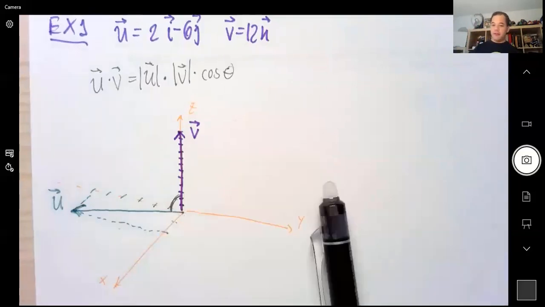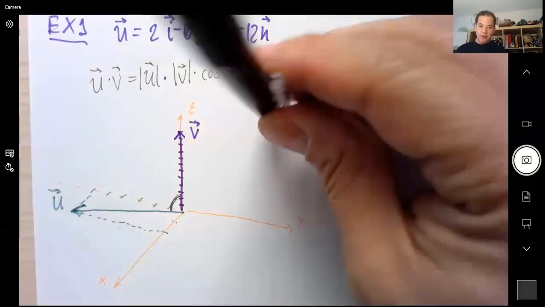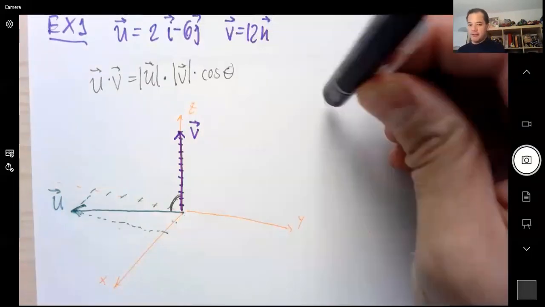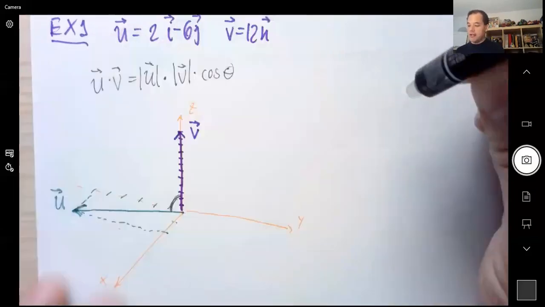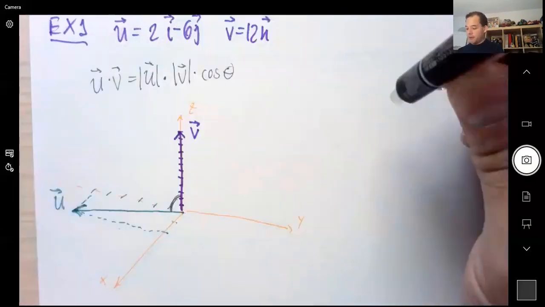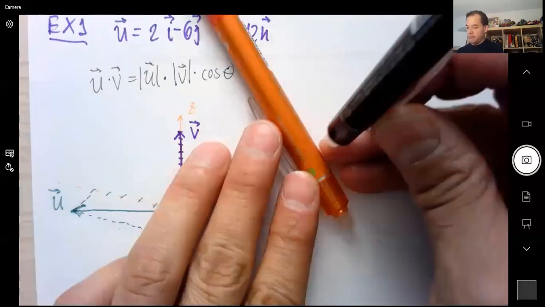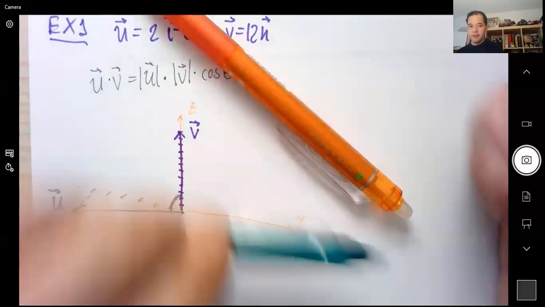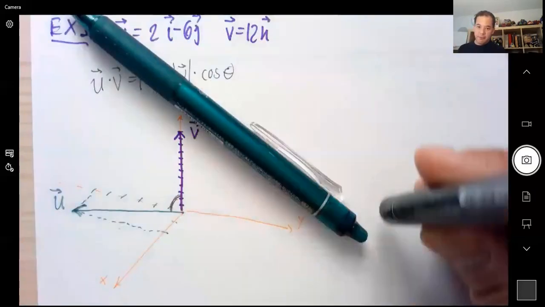It shouldn't be too hard to answer that question. Imagine that this plane that you see right here is the XY plane. Then the U vector lives in there, let's say it is this green pen, right? That's my U vector. And the Z vector is perpendicular.